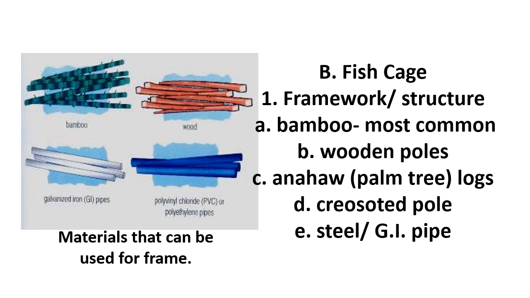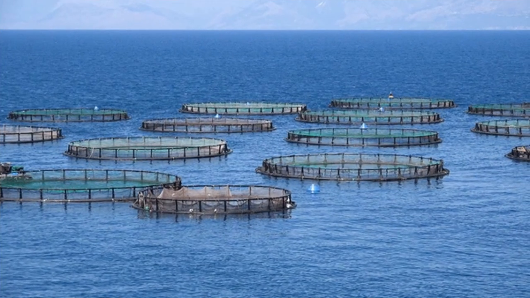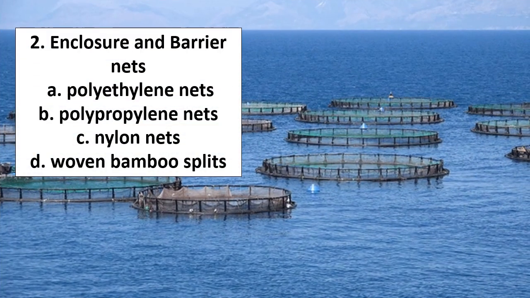For the materials for fish cages, we have number 1, framework and structure. We can use bamboo, wooden poles, anahaw, creosoted pole, and steel. For enclosure and barrier nets, we can use polyethylene nets, polypropylene nets, nylon nets, and woven bamboo splits.